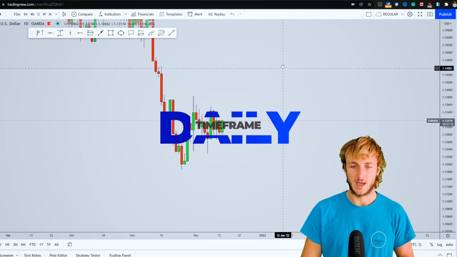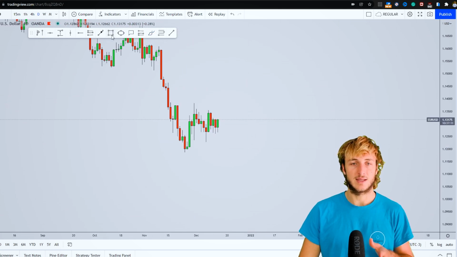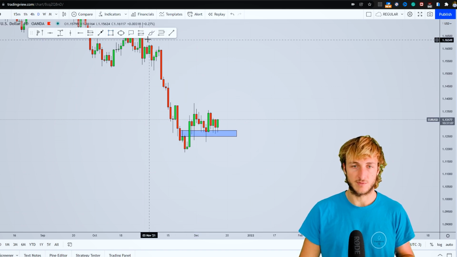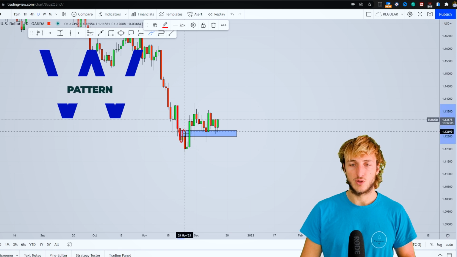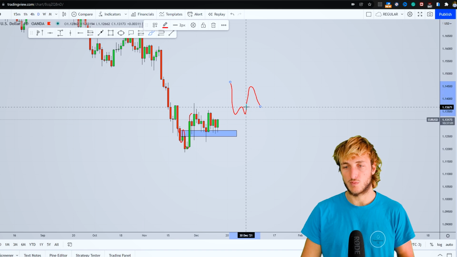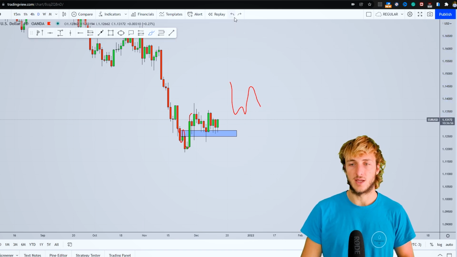Dropping down on the daily, what do we have? Now here on the daily, what we can see is that first of all, the market is testing at the moment strong support and rejecting it to the upside. In fact, we did create this W formation here. After the creation of a W, what you expect is for the market to go and complete the pattern at the previous resistance turn support and then to reject the area to the upside.